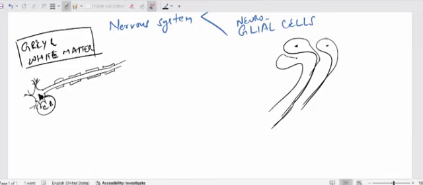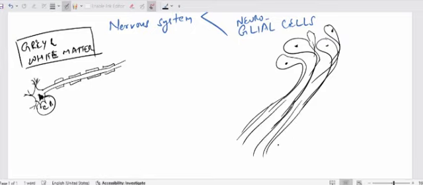Just for your remembrance, I'm telling you, don't tell your examiner or write these things, just for your understanding. Okay, so this is a long cable. What you said was white color, however I'm drawing it in black, so don't get confused. So this is the cell body, right? A collection of cell bodies is called gray matter.